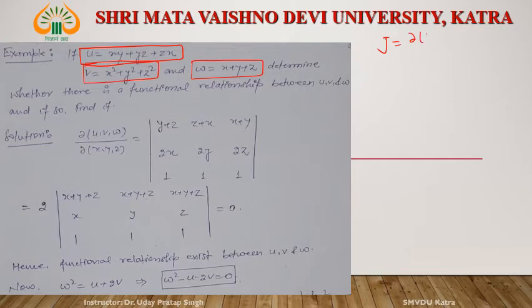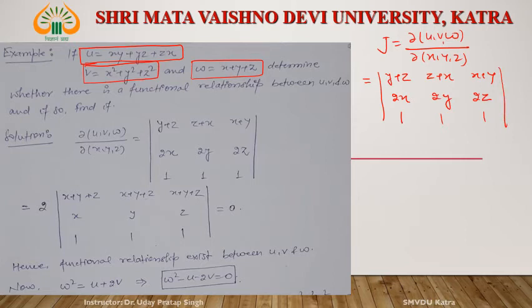That is ∂(u,v,w) with respect to ∂(x,y,z), and this is equal to the determinant with rows y plus z, z plus x, x plus y; 2x, 2y, 2z; 1, 1, 1, right?